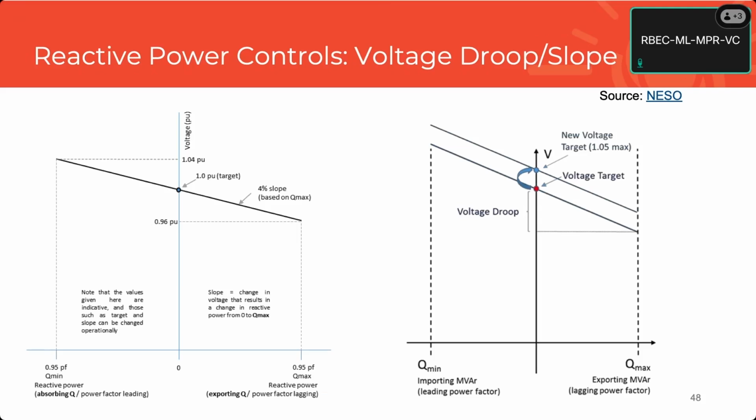So now we're going to make this flat. In the other one, we would have had to make it vertical, but in this case, we're going to make it flat. So we're going to say 0 Droop is just straight across flat. And then if the voltage goes up, we're going to go to the reactive power side. Basically, this is going to go all the way to the left, to our minimum reactive power.